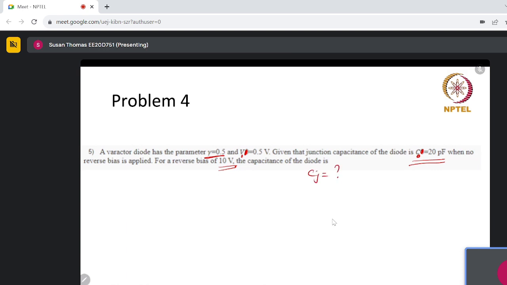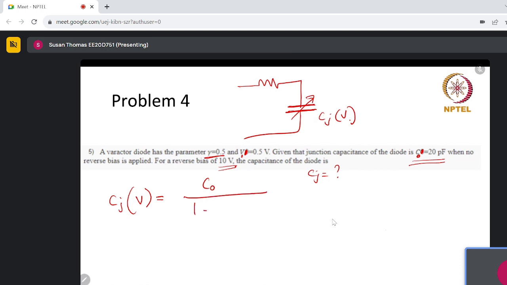Cj. So you have the fundamental equation for Cj. You know about the varactor diode as I told before. Based on the applied voltage, the junction capacitance will change, so Cj is a function of V. The equation is Cj of V equals C naught by 1 minus Vr by V naught, the whole raised to gamma.